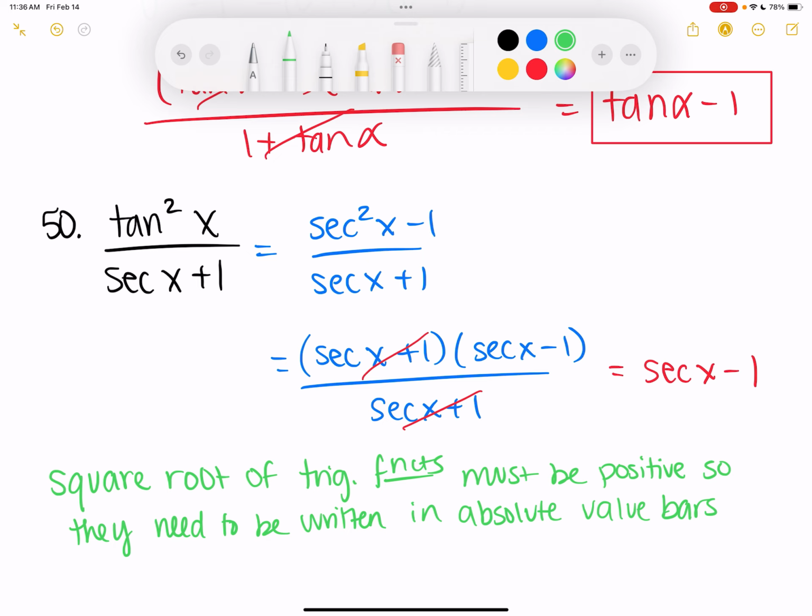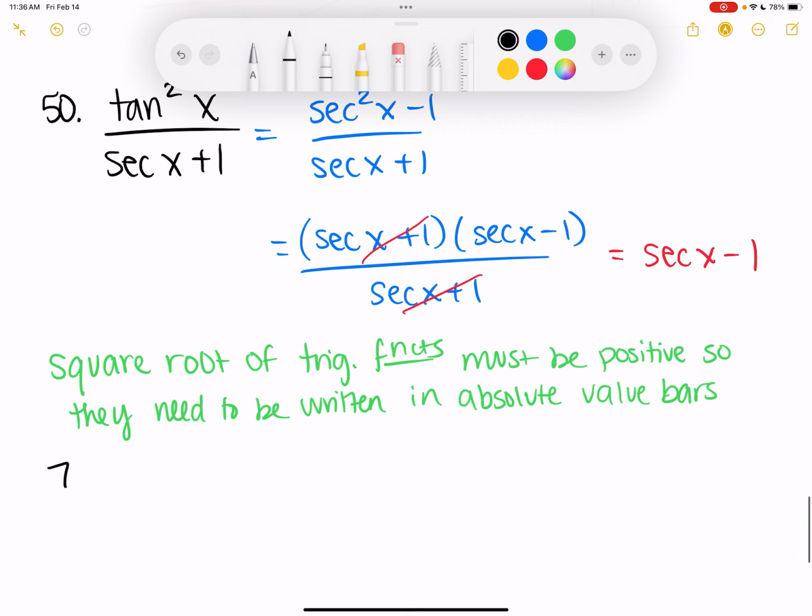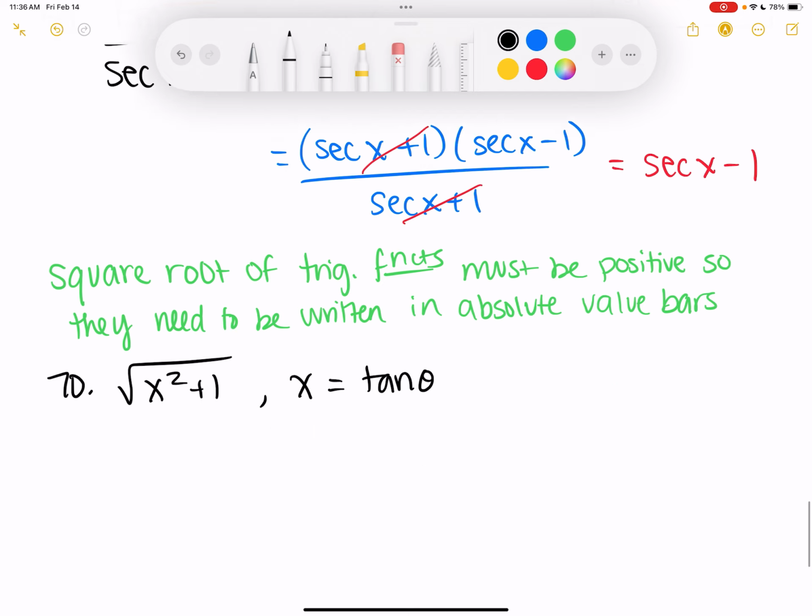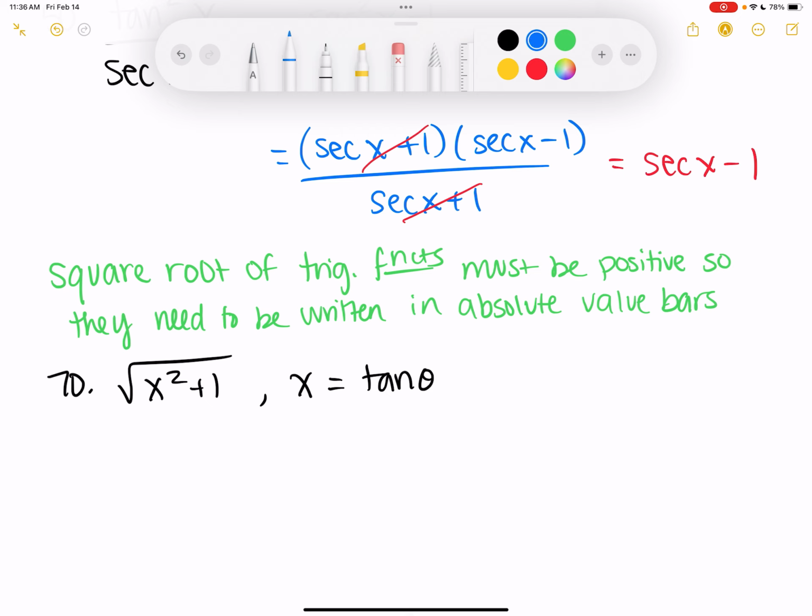So number 70, we've got the square root of x squared plus 1, and they tell us that x is equal to tangent of theta. Why they don't just go ahead and put tangent of theta in there to begin with, I don't know, but that's how they give you the problem. So the first thing we do is replace x with tangent of theta. So this is the square root of tangent squared of theta plus 1.